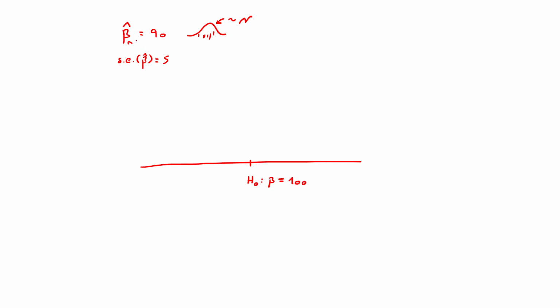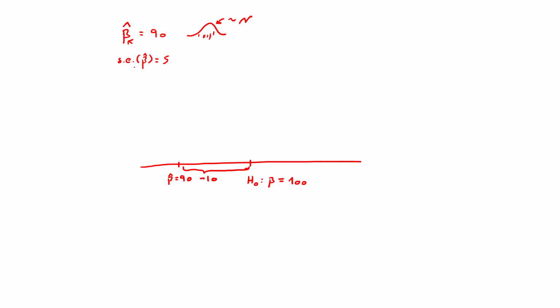And you see that the difference between the beta hat, which is 90, and the null hypothesis is -10, right? So this is a distance of -10. The problem is, is this a large gap or a small gap?